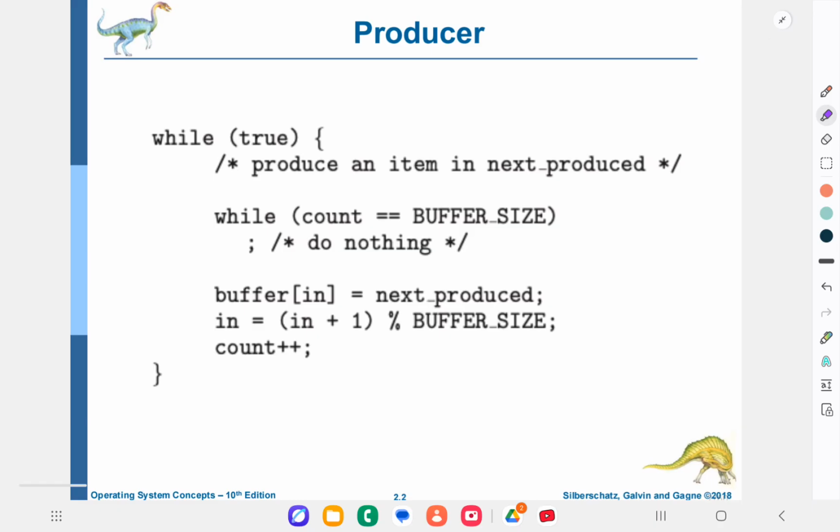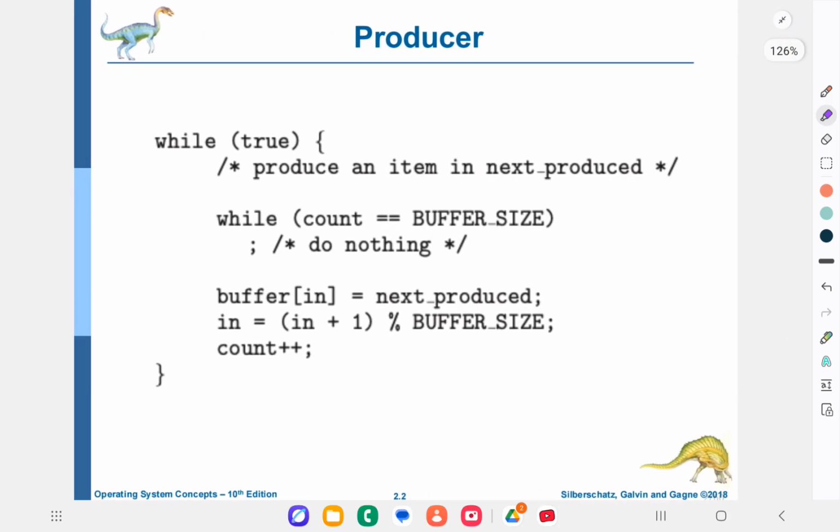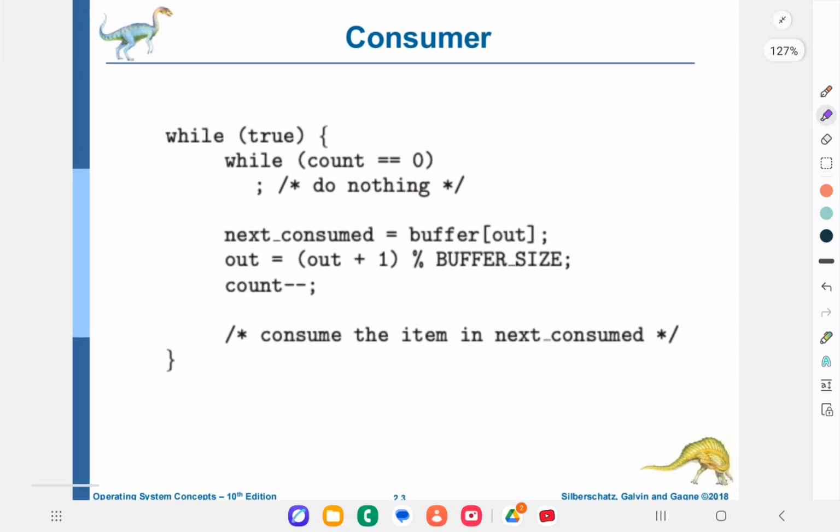So we've seen this example before when we talked about the producer-consumer problem. The producer is a thread that produces an item or writes into a buffer in this scenario, right? And the consumer on the other side reads that data from that buffer, right?